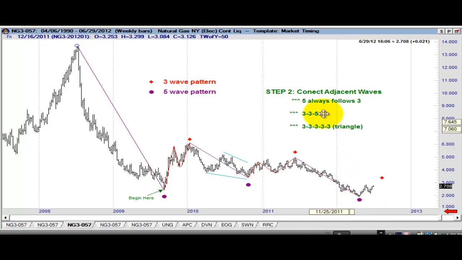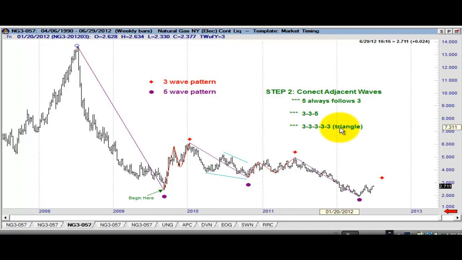Secondly, we could have a 3-3-5 wave pattern in which we have 3 up that should be followed by 3 waves down, which we now have, and then a 5-wave advance that would at least take out the previous high.